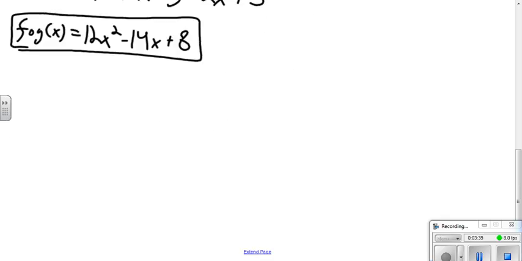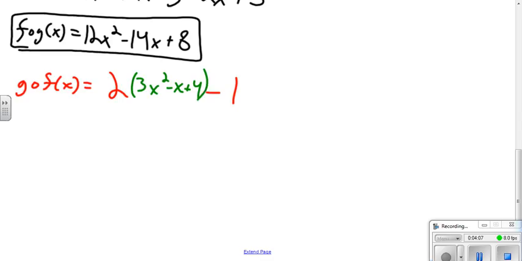Now moving on from there, we need to find our g of f of x. So our g of x is 2x minus 1, but again, everywhere that we see this x value, we plug in our f of x, 3x squared minus x plus 4. Now from here, again, we just solve this all out. I can just distribute that 2.